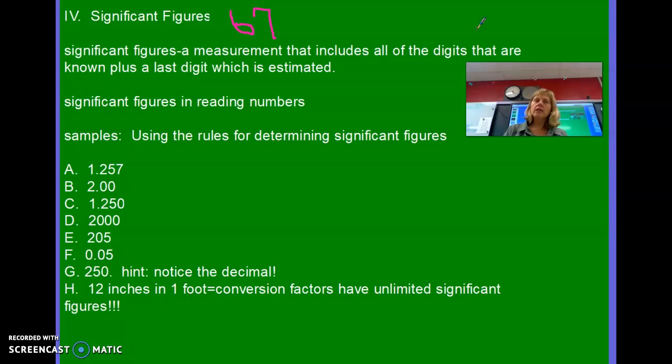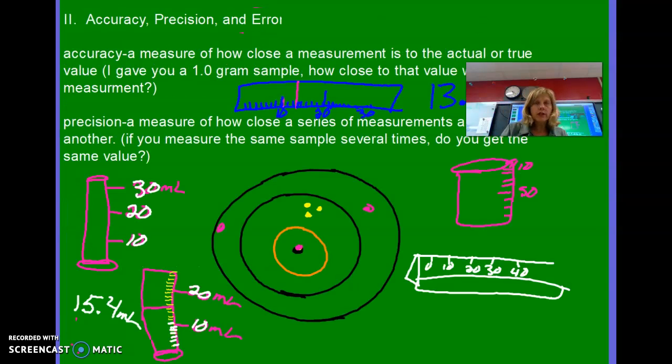When we talk about significant figures, this is a measurement that includes all the digits that are known plus a digit which is estimated. Remember when we talked the other day, if you have a measuring device like this where only every 10 milliliters is marked, I can estimate one digit beyond the 10, which would be the ones place.